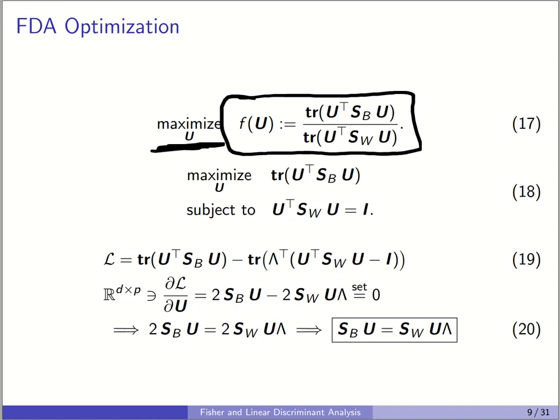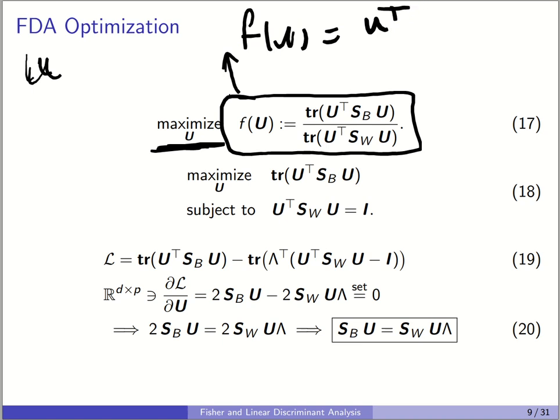When we only have one projection direction, which is U, this is called a Rayleigh-Ritz quotient.